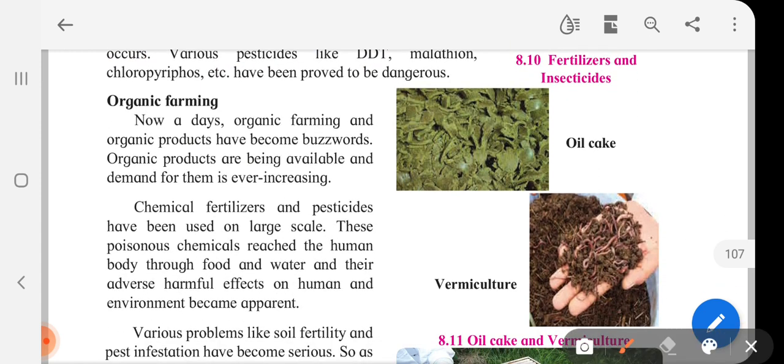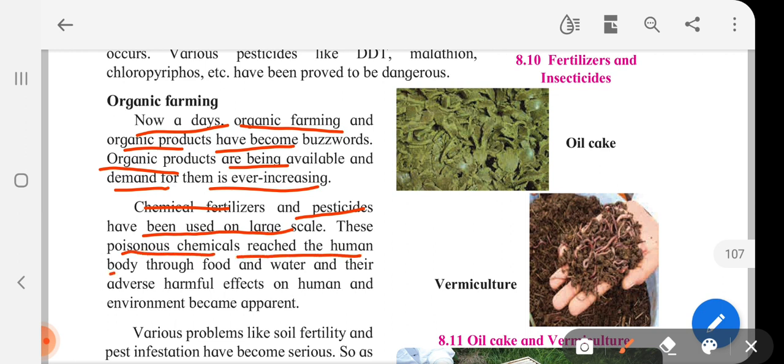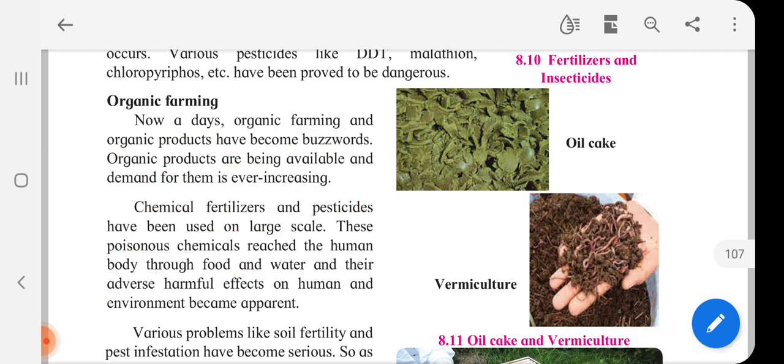Organic farming. Nowadays, organic farming and organic products have become buzzwords. Organic products are becoming available and demand for them is ever increasing. Chemical fertilizers and pesticides have been used on a large scale. These poisonous chemicals reach the human body through food and water, and their adverse harmful effects on humans and the environment become apparent.